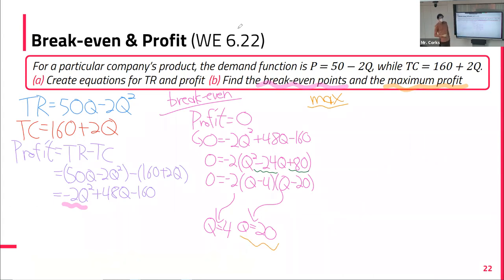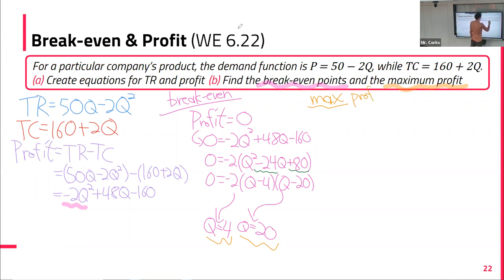Profit is exactly 0. This one also is a break-even point, so the profit is also 0. How do we find a maximum point? Derivative. This is the original function. This break-even here is the original. We need to find and then use our derivative.